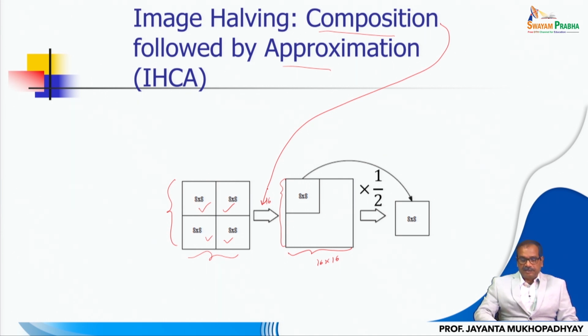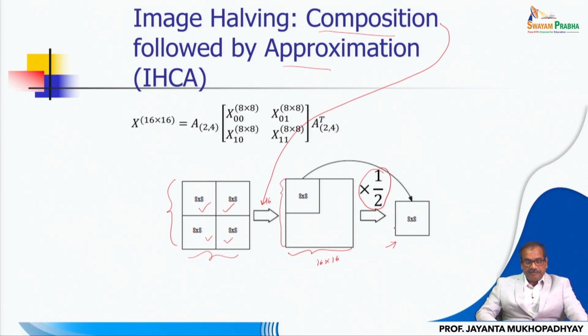So it is a composition operation, and then from it I will take only the 8 cross 8 lower frequency part with the subband approximation scale factor half, and this is my resulting output. Given 4 8 cross 8 blocks, I am getting one 8 cross 8 block, and that is how I am also performing image halving.